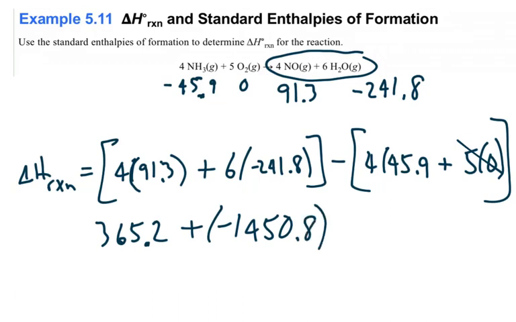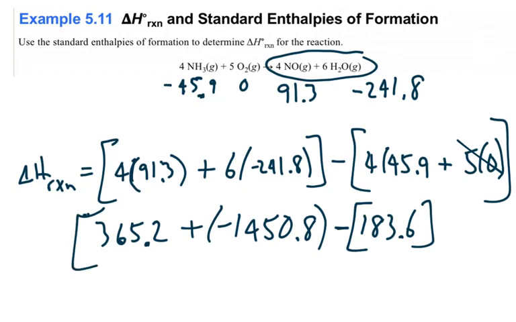And then for this other part, we just multiply 4 times 45.9, and that gives us the entire bracket over here, 183.6.